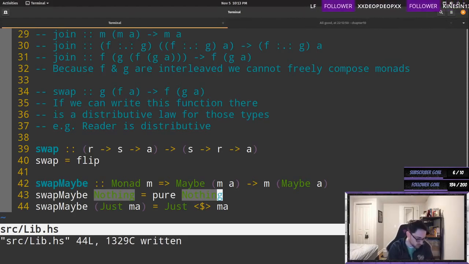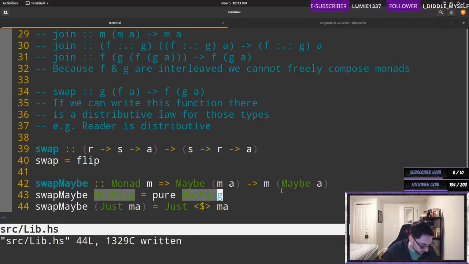Okay, so it says, but note that we cannot in general write the dual function that takes m maybe a and returns maybe ma. You can't write the opposite of this, apparently.